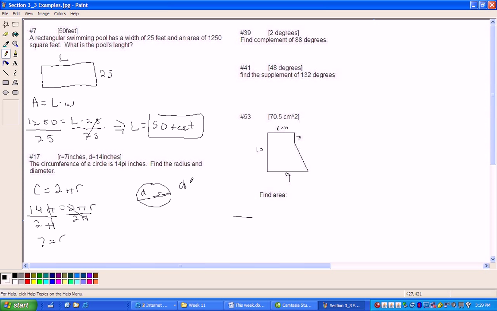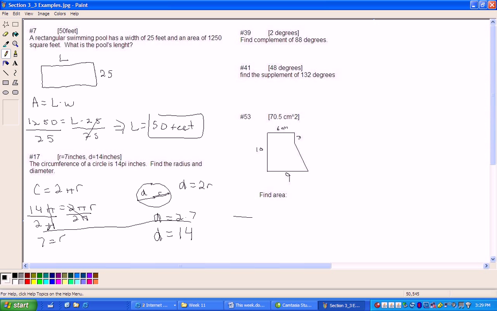Since they're asking us to find the diameter, d is equal to 2 times 7. We know our radius is 7. So d is equal to 14. So here we have our answers: r is equal to 7, d is equal to 14.